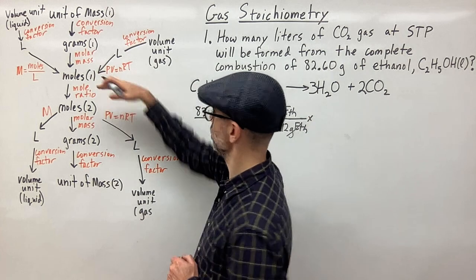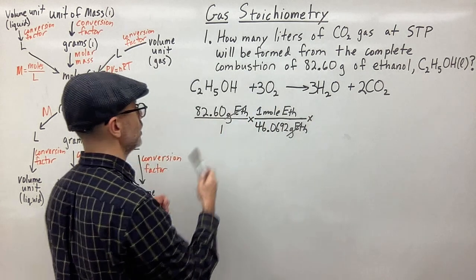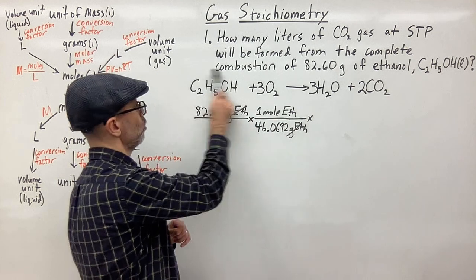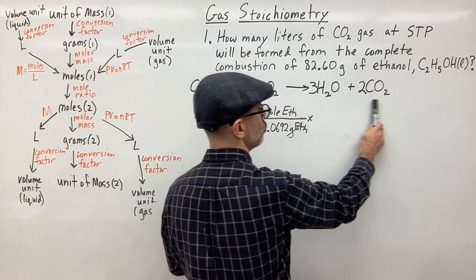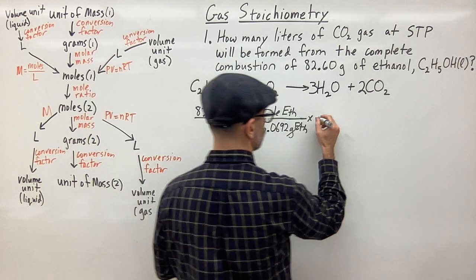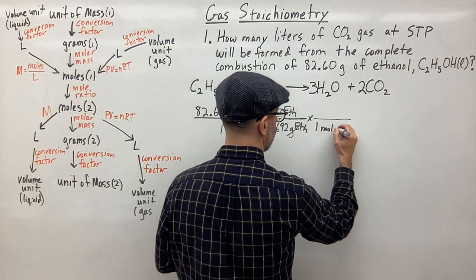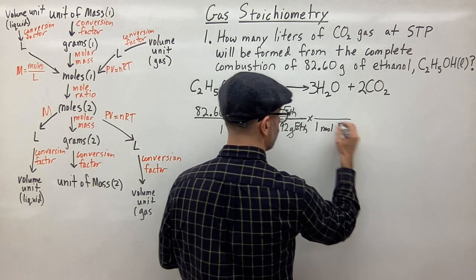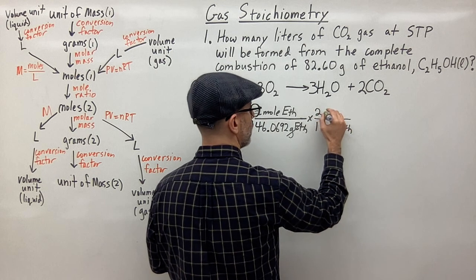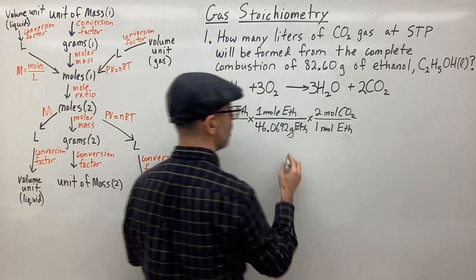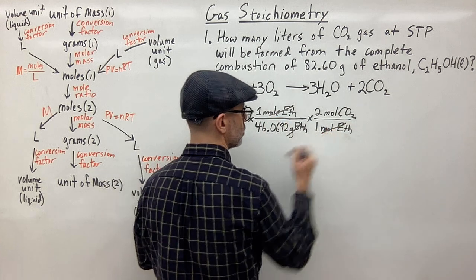Now I'm here. I got moles. Now I'm going to use the mole ratio in the equation. So ethanol to carbon dioxide. So 1 mole of ethanol yields 2 moles of carbon dioxide. So it's 1 to 2. So 1 mole of ethanol on the bottom and 2 moles of CO2 on top. So moles of ethanol cancel out.